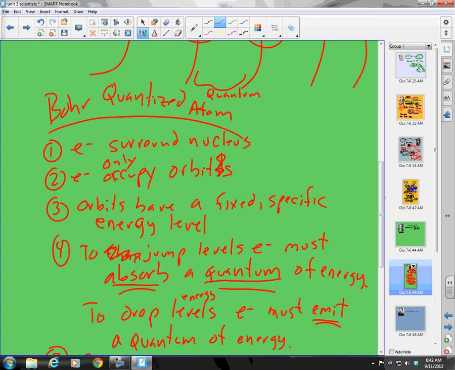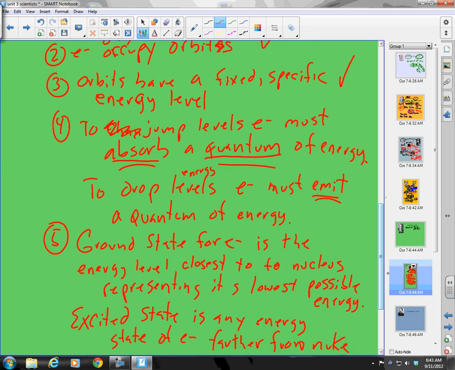Okay, so just summarizing. Electrons surround the nucleus, right? Good. Electrons can only occupy certain orbits. They can't be everywhere. They can only be in what he called certain orbits. Orbits have a fixed specific energy. Good. To jump levels, electrons must absorb a quantum of energy. To drop levels, electrons must emit a quantum of energy.